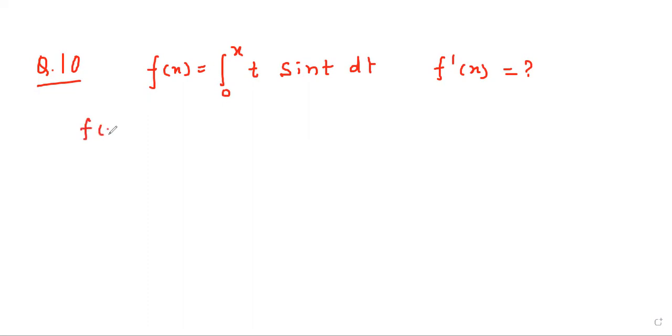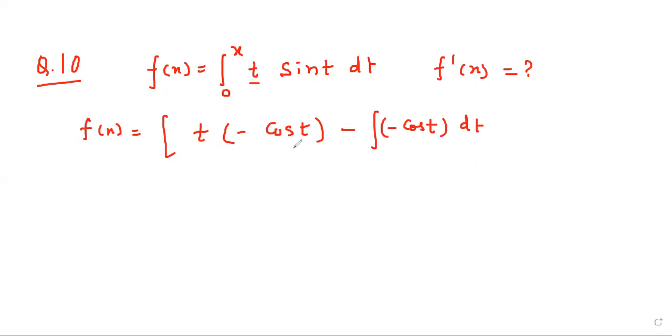So f of x equal to, using integration by parts, we use the ILATE rule. So we write t into minus cos t minus integration. Differentiation of t will give 1 and then minus cos t dt, and limits are here 0 to x, here also 0 to x.